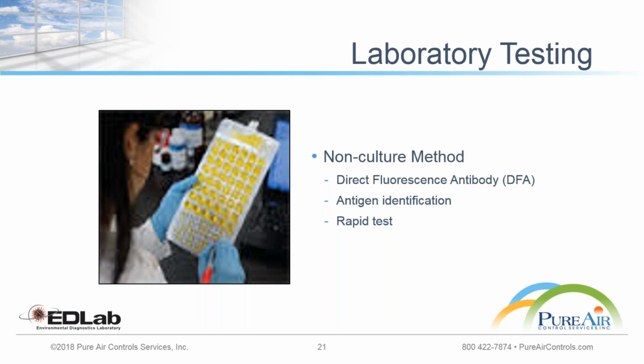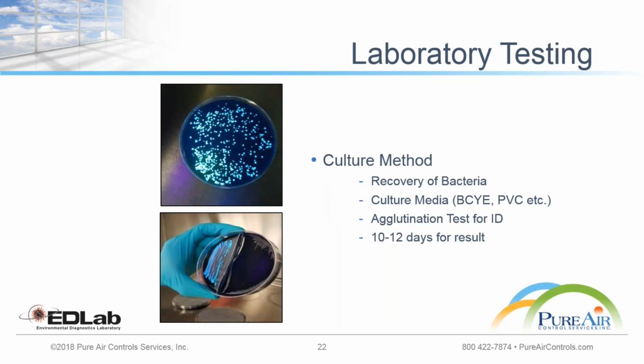The second method is the gold standard in the industry, called the culture method. In the first stage, recovery of the Legionella bacteria is performed from the sample submitted to the laboratory, either by filtration, concentration or acid treatment. These are the three very popular methods by which Legionella is recovered from its source.